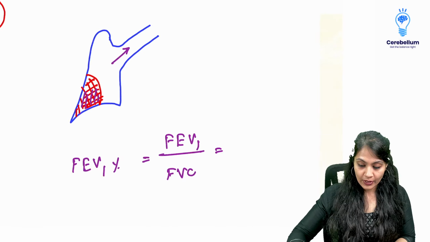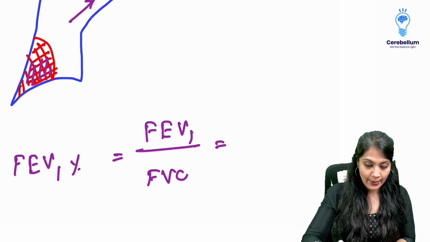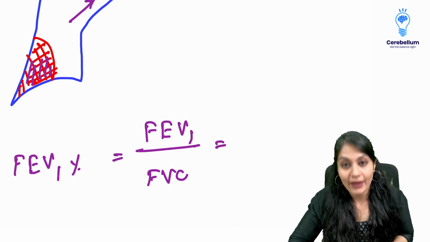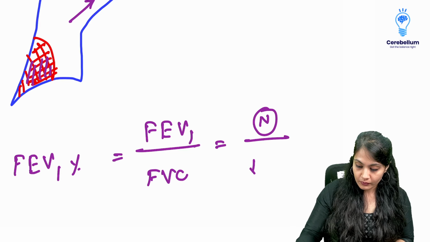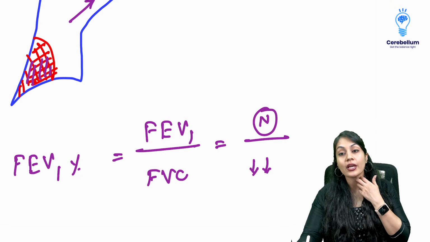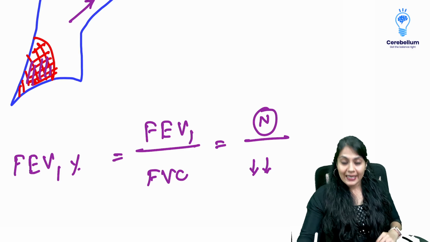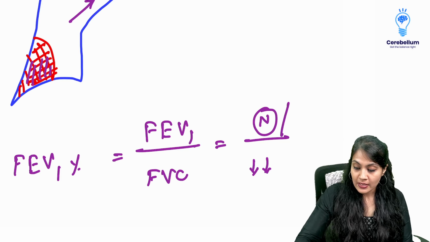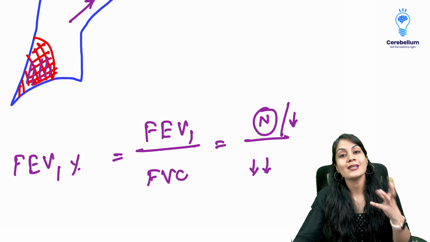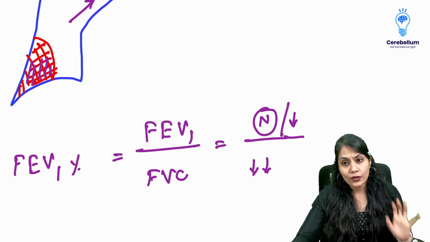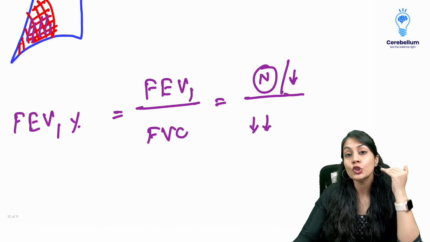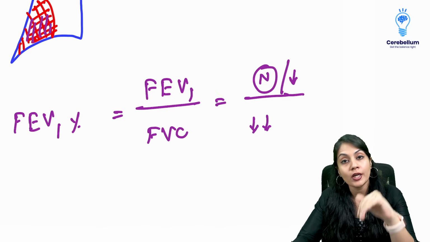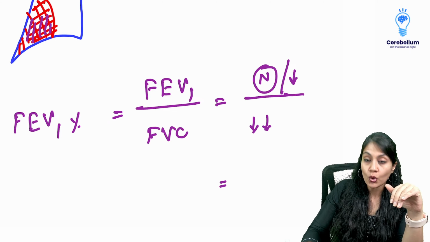So please remember, in this type of patient, FEV1 will be normal, but the FVC will reduce. In the later condition, the FEV1 can also be slightly reduced. First of all, in the initial scenario, if the numerator is normal and the denominator is decreasing, what will happen to the ratio?